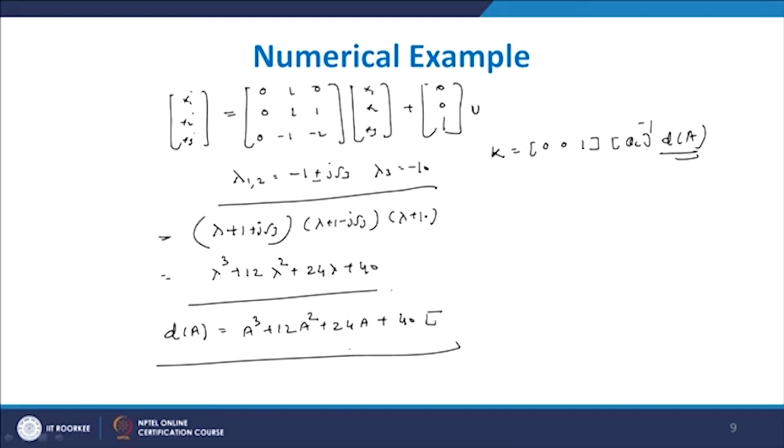Now we need to determine the controllability inverse, and since it exists, after multiplication we can get the controller Kc.